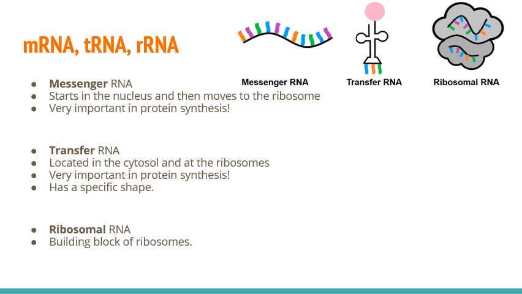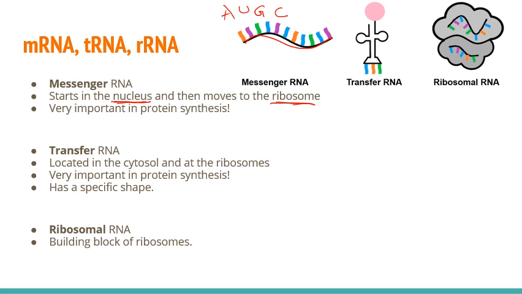We say that mRNA starts in the nucleus and then moves to the ribosome. And we actually learn a lot more about that later. At this stage, you just need to know that its location is in the nucleus and then the ribosome. It's still single-stranded. It still has A, U, G, and C. And it's needed for protein synthesis.